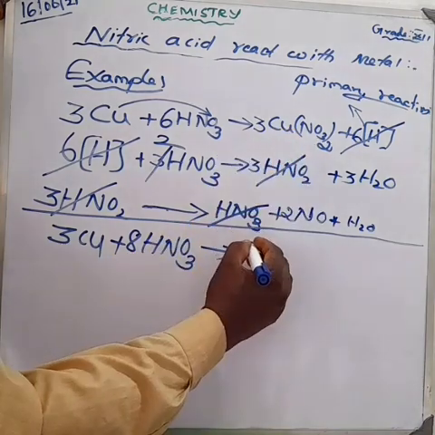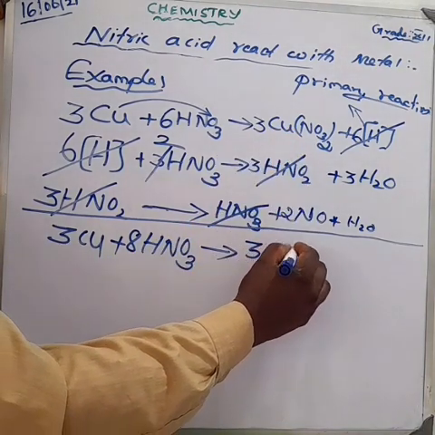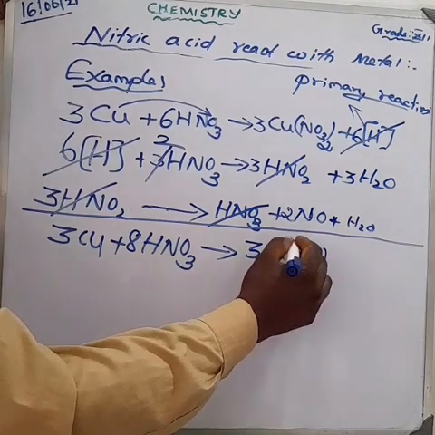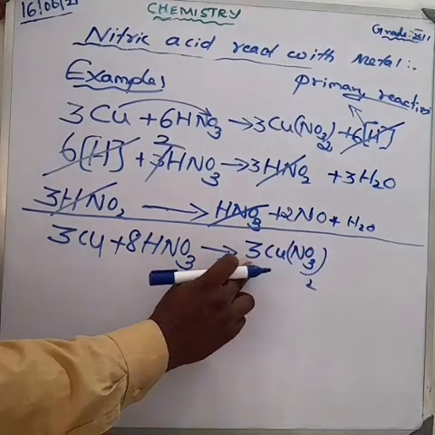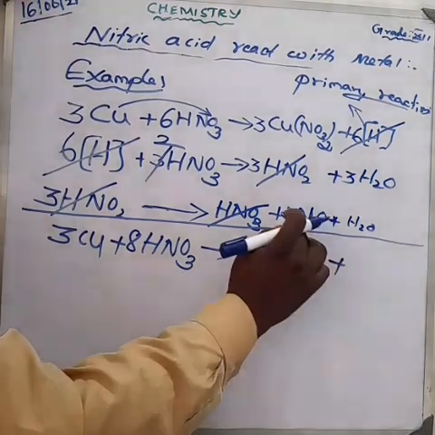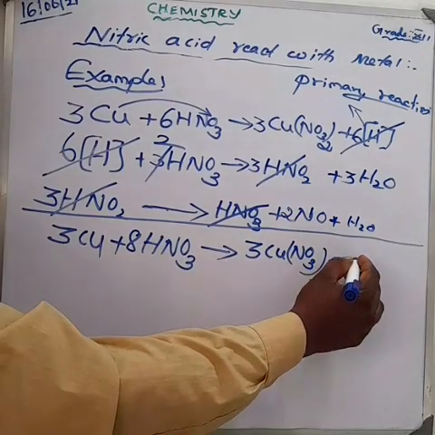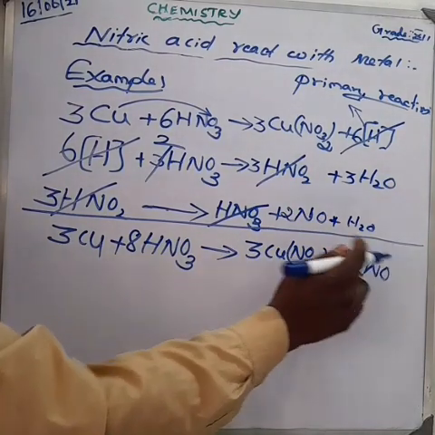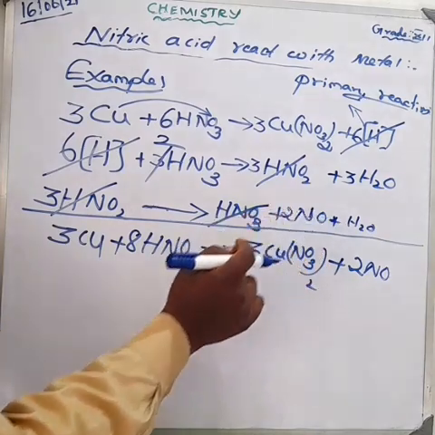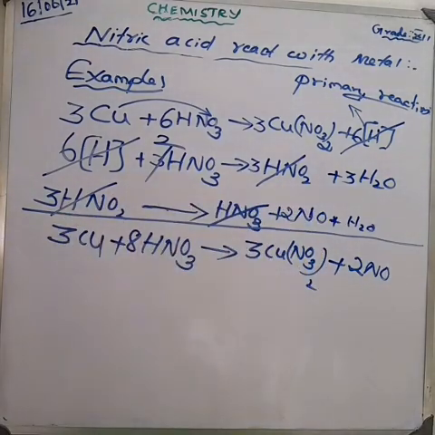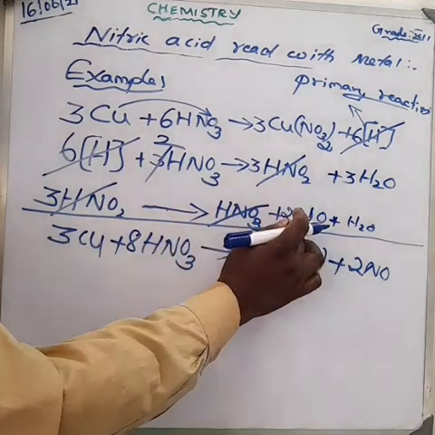Next, again which are possible here? Copper nitrate. What's the formula of copper nitrate? Cu(NO3)2. How much copper nitrate is there? 3 copper nitrate. And about the NO, am I right? How much NO is there? Here we have 1 NO. They are not balanced, am I right?